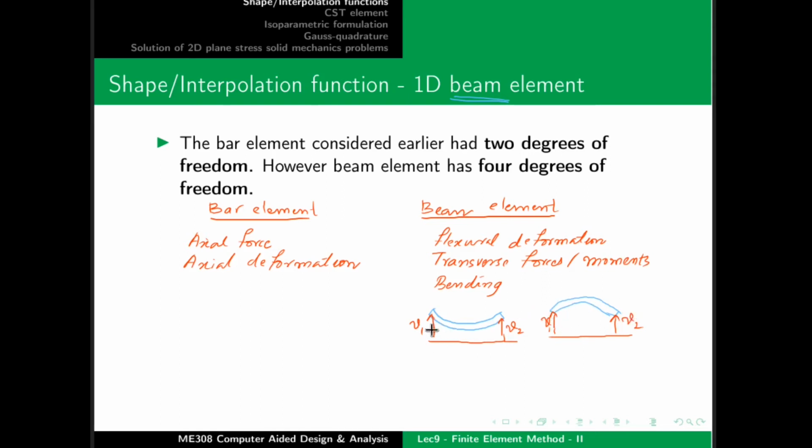So with the 2 degrees of freedom alone, we cannot completely specify the deformation. So we'll have to specify additional degrees of freedom. If we consider the slope of the element at the nodes as additional degrees of freedom, we can specify the element deformation uniquely.